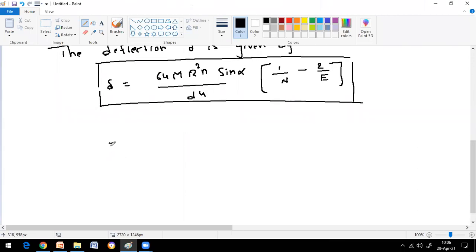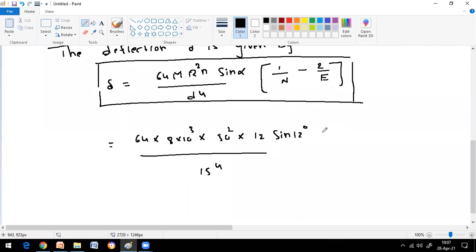Substitute all the values: 64 into 8 into 10 cube into 50 square, 12 sine 12 degrees by 15 power 4 of 1 by 0.84 into 10 power 5 minus 2 by 2.1 into 10 power 5.